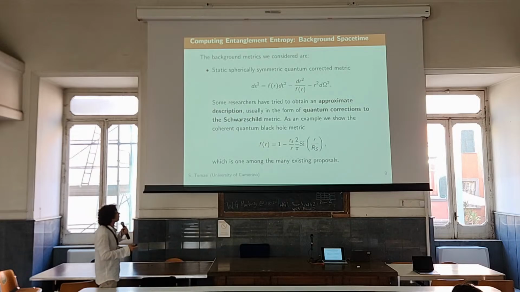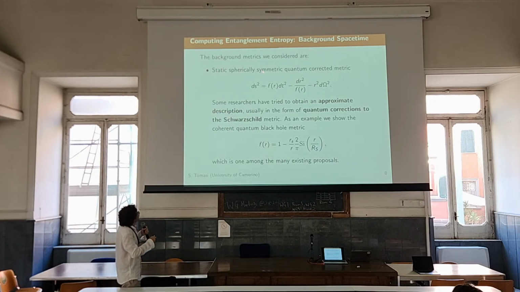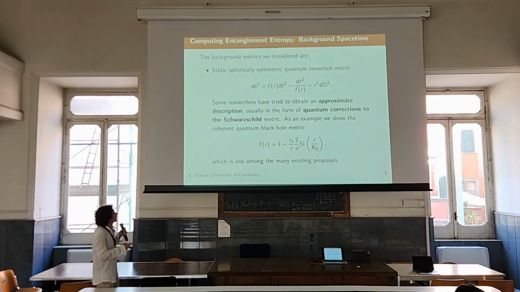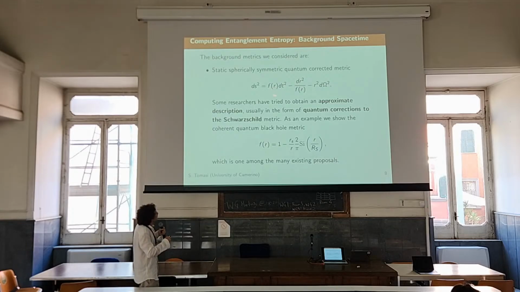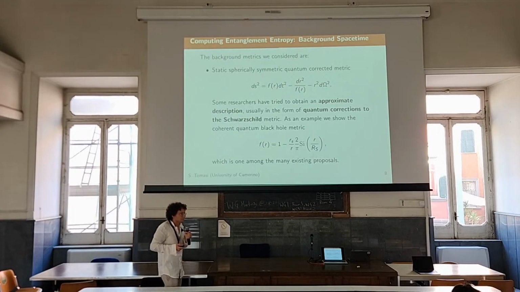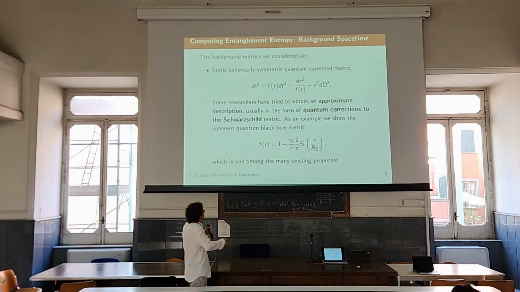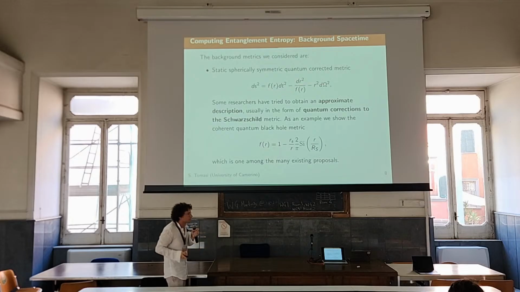We did two works. In the first one, we considered static, spherically symmetric, quantum corrected metrics. Those are metrics of this form, with a lapse function f. This lapse function is designed to take into account, in some way, quantum corrections due to quantum effects.